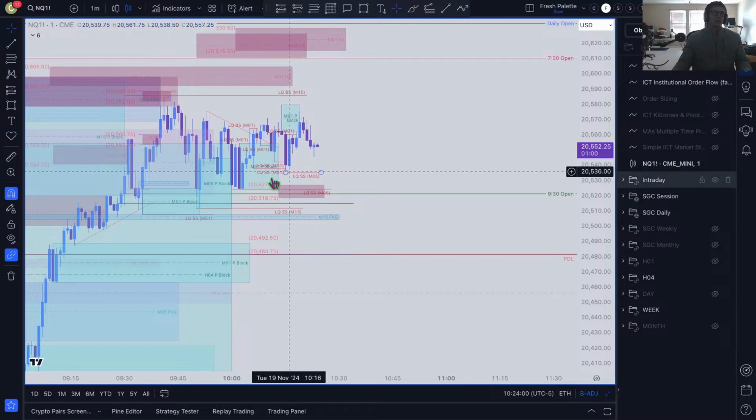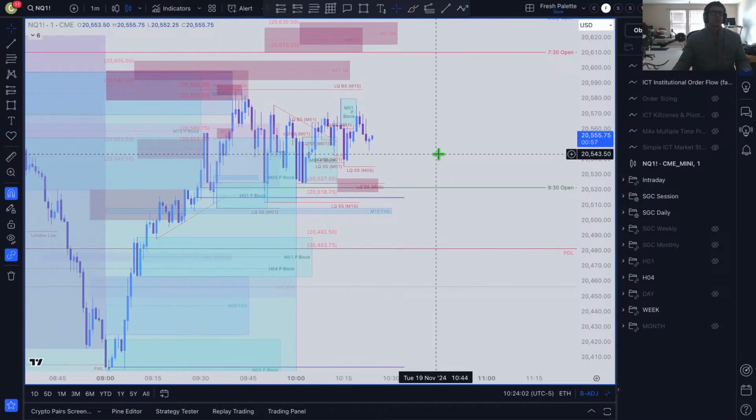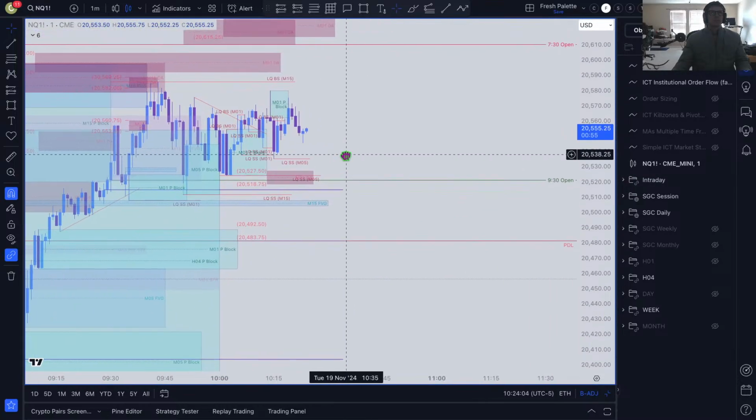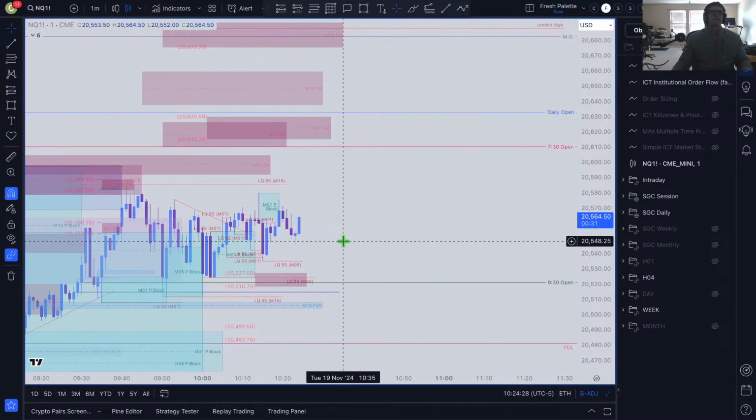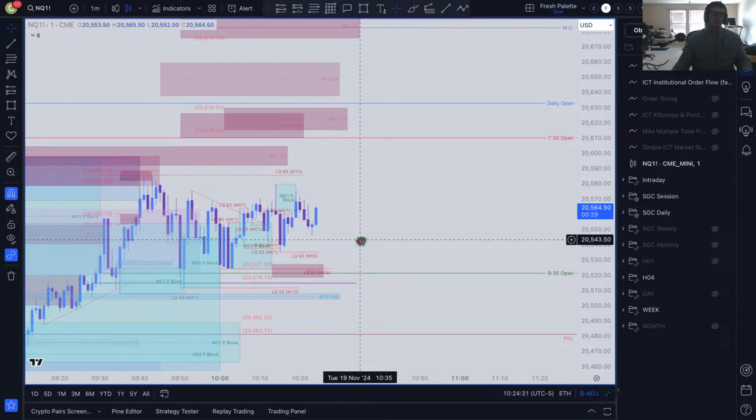And this liquidity up here, right? That wouldn't be a projection block.